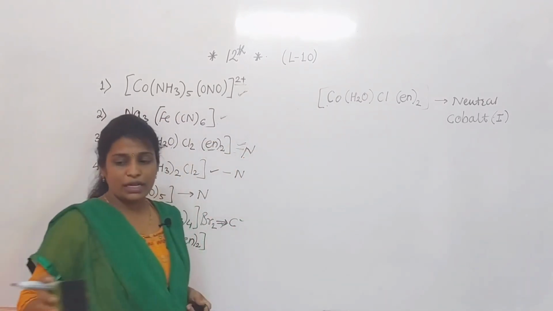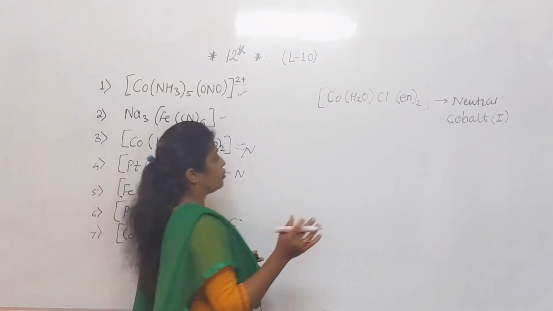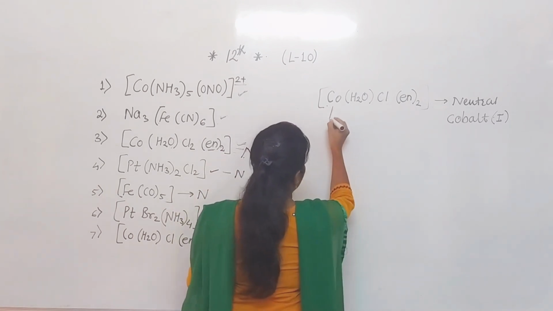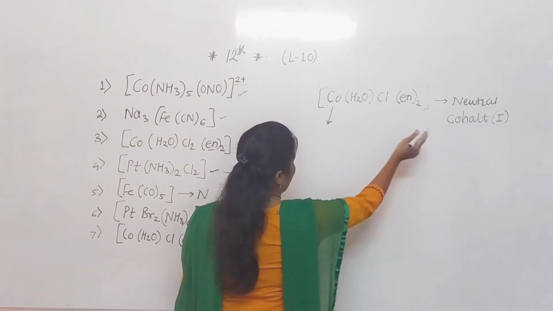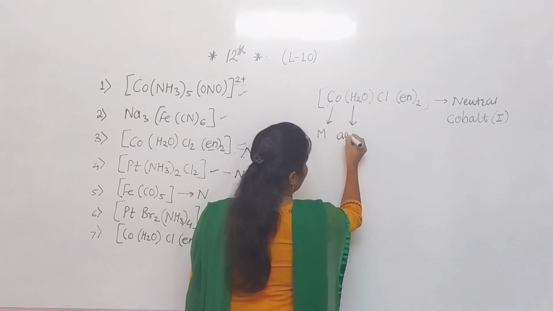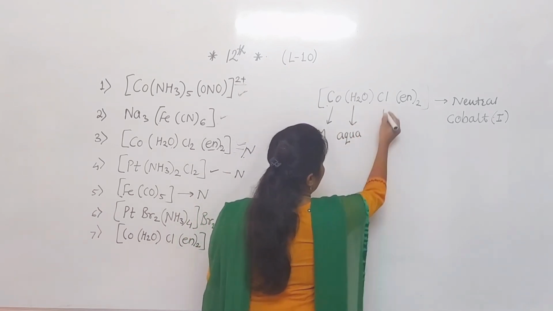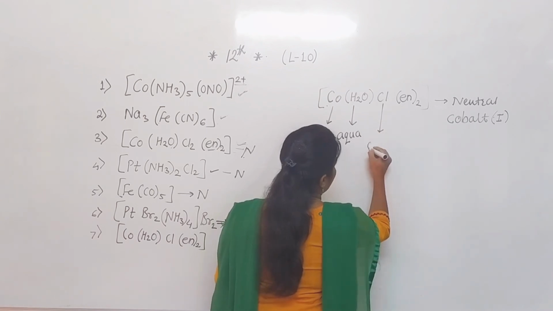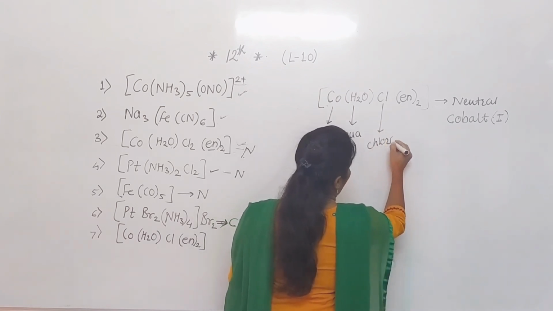Now we have completed the oxidation number identification. Now we have to write its name. Cobalt, for that one we have already completed. H2O means we have to write aqua. Cl means we have to write chloro.